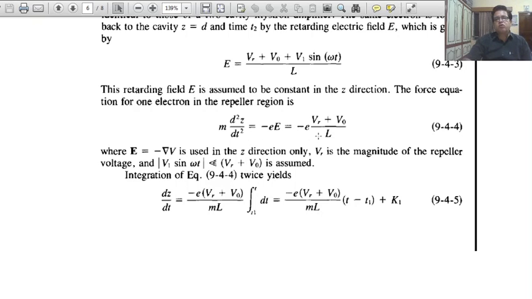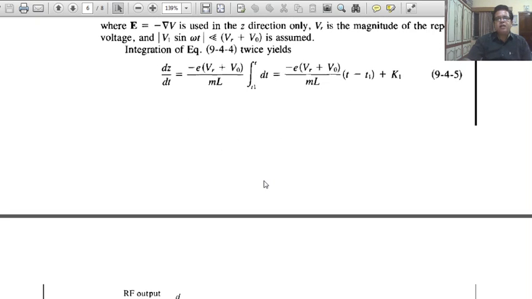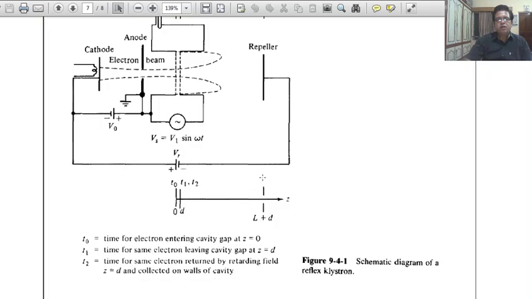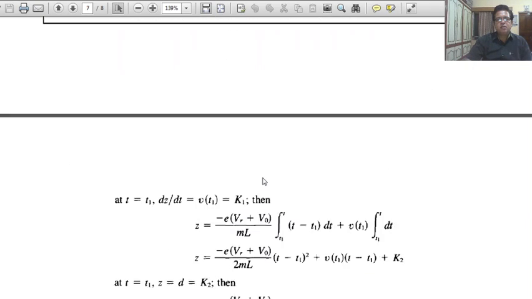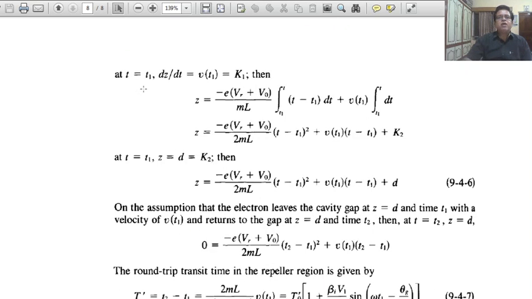Integrating this twice, you can easily integrate by taking the boundary conditions. What are the boundary conditions? At t equal to t1, dz upon dt equal to v(t1) equal to k1, so z becomes this. Again, at t equal to t1, z equal to d, that is k2, in the return journey, so z equal to this.